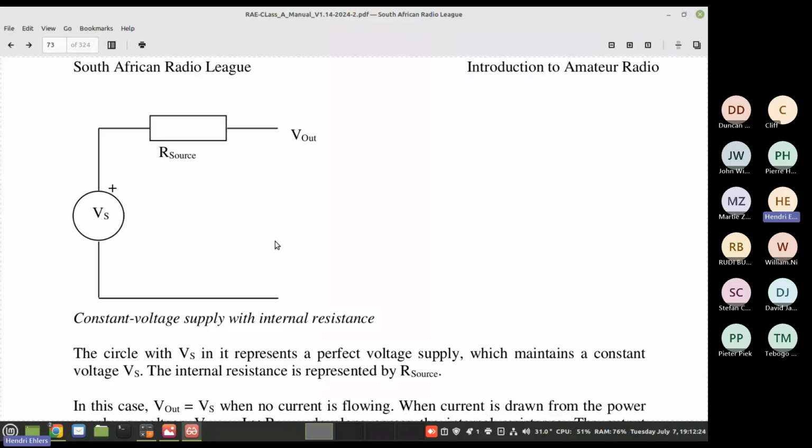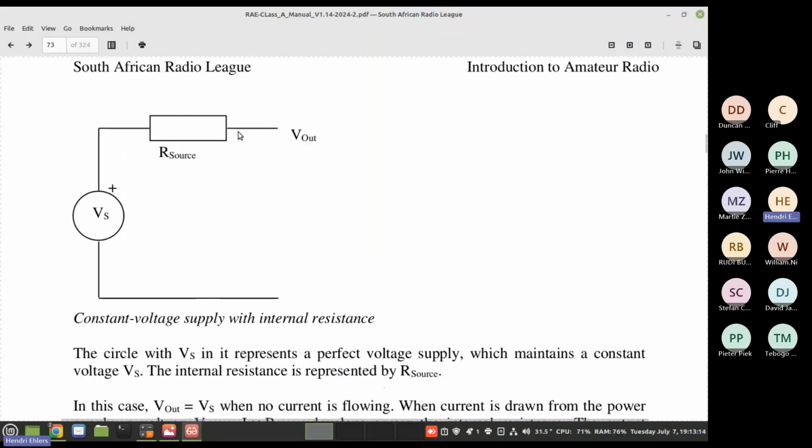But if you want to regulate 13.8 volts and you've got a power supply before the regulator that supplies 14.5 volts, you're going to run out of headroom, as we call it, because the moment you start to draw current, the voltage before the regulator is going to drop, which will prevent the regulator from properly regulating, and the regulated voltage will drop as well.